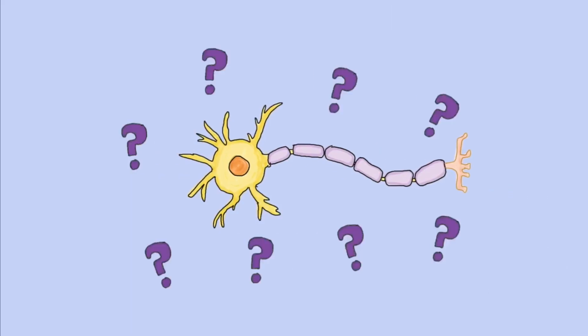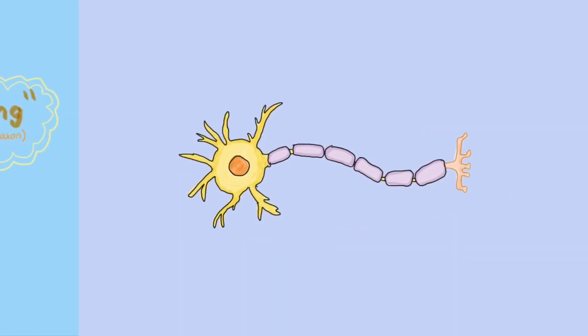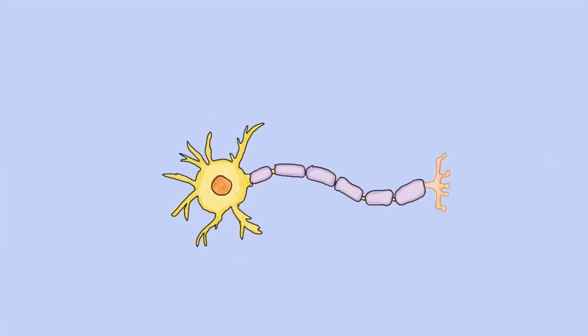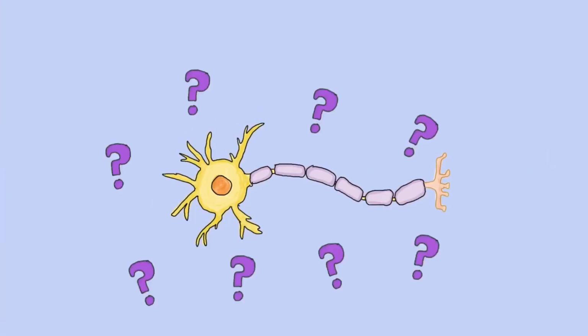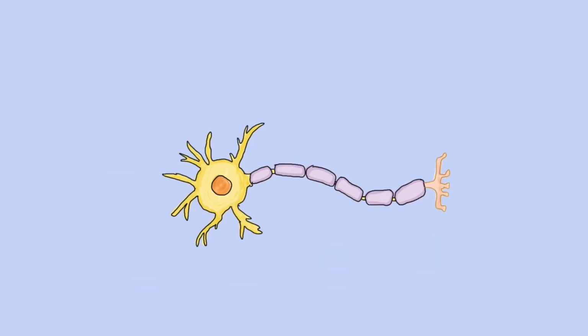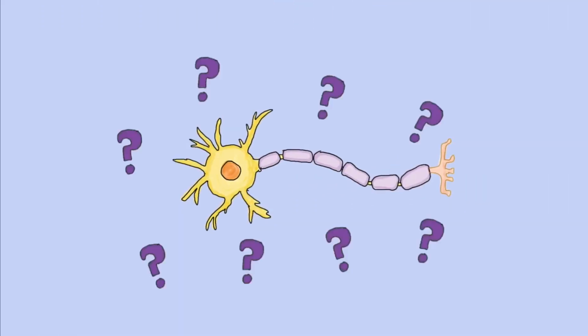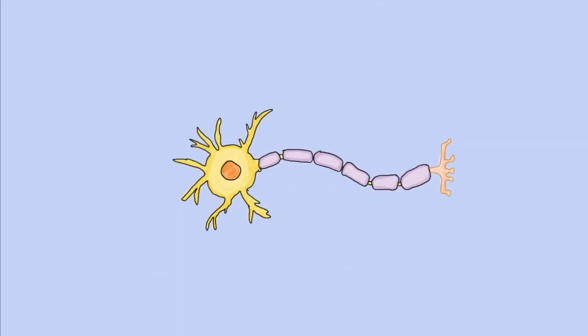What do we mean when we say an action potential is all or nothing? It has to be strong enough to send down the axon. What's the name of the tiny sac that holds neurotransmitters inside? It is called a vesicle. Can you name the two main types of neurotransmitters?